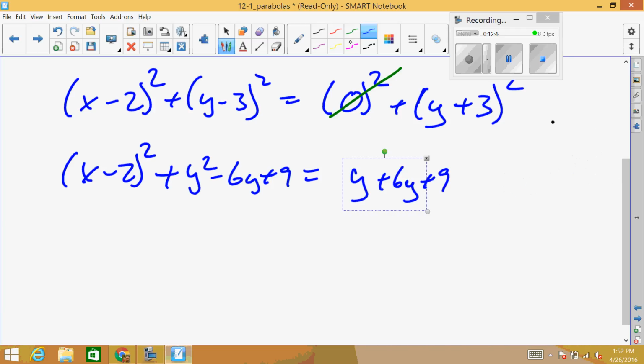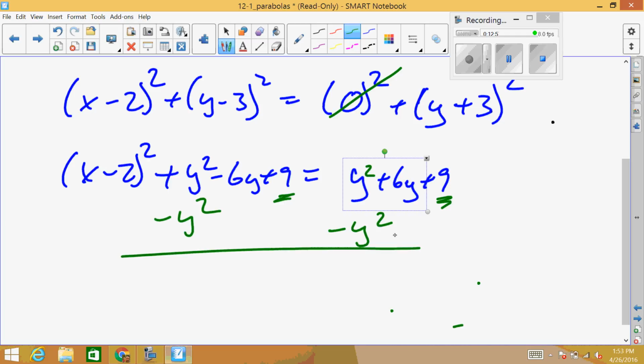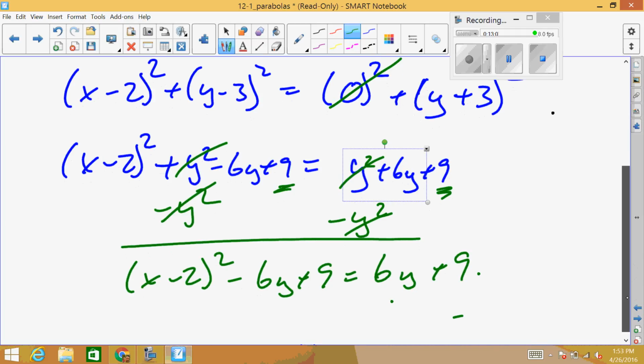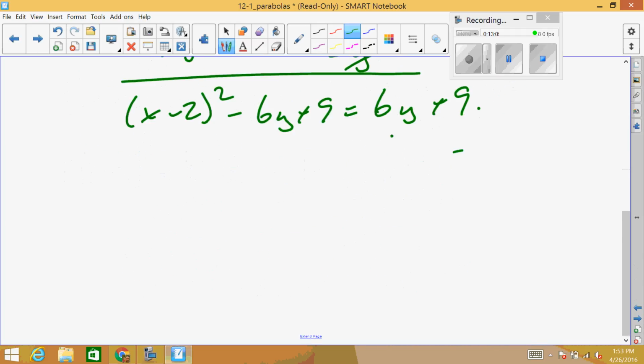It is very much a coincidence because of the way I selected my points of my vertex, my focus and directrix, that these two come out to be the same. So I'm going to keep simplifying this. I missed my square there. I'm going to subtract y squared from both sides. (x minus 2) squared minus 6y plus 9 equals 6y plus 9. And from there I'm going to keep going until I get y by itself.